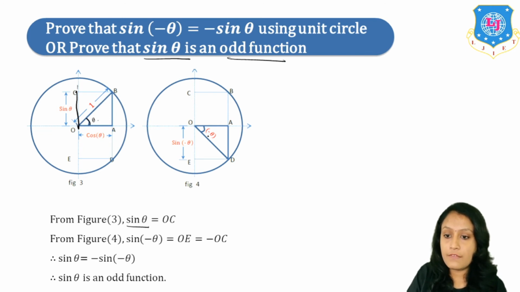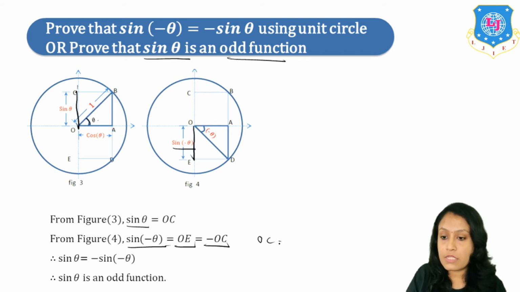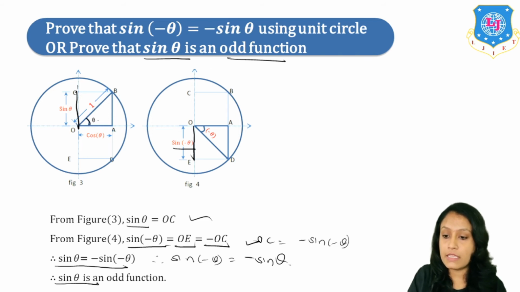Now in this figure, sin(-theta) is OE, but OE is minus of OC. So we can say that OC is equal to -sin(-theta). From these two we can say that sin(-theta) is equal to -sin theta, and therefore the function sin theta is an odd function.